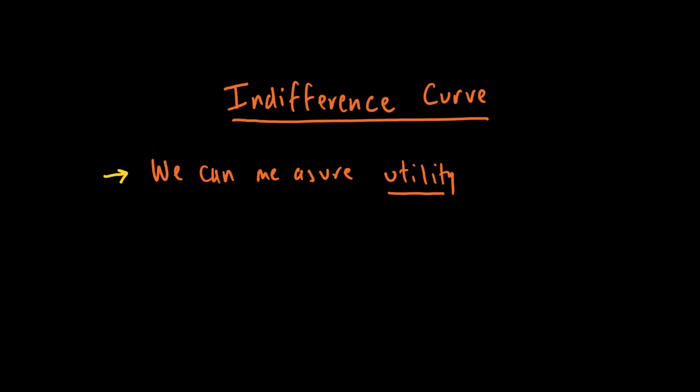Indifference curve is based on the principle that, although we cannot measure utility, we can definitely rank different combinations. For example, if you ask me, do I like apples more than oranges? My answer will be yes, for example.